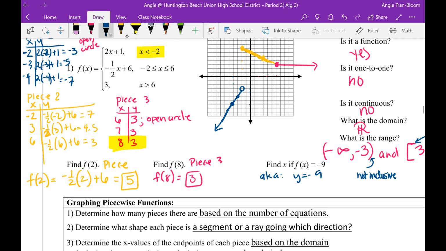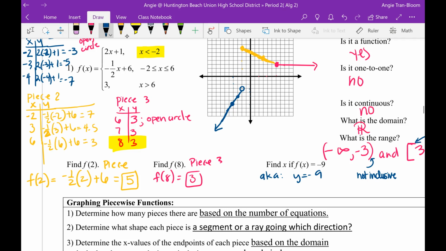So find x. Again, we have to go back to the 3 pieces. Which one of those pieces would have negative 9 for x or y? Y.